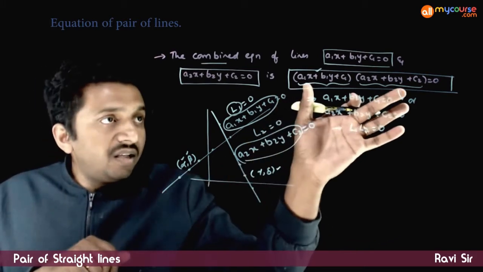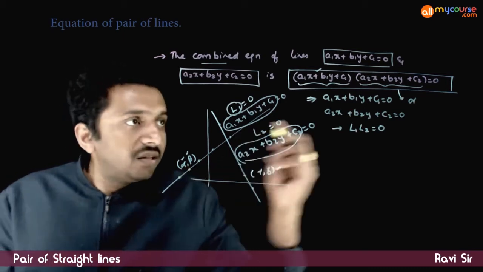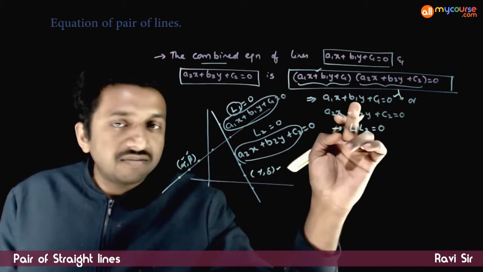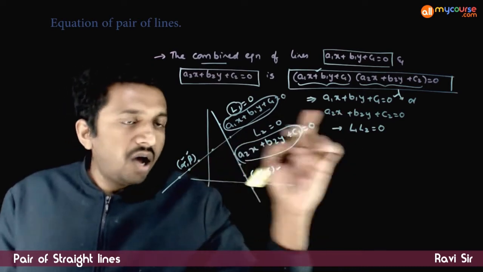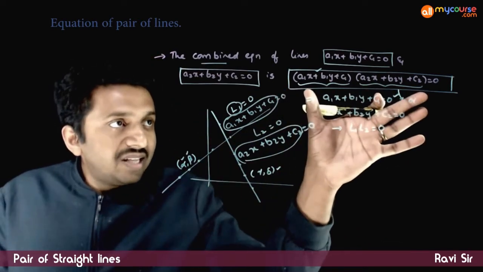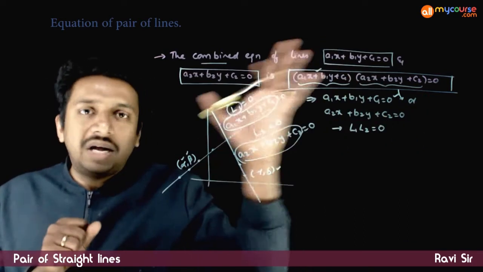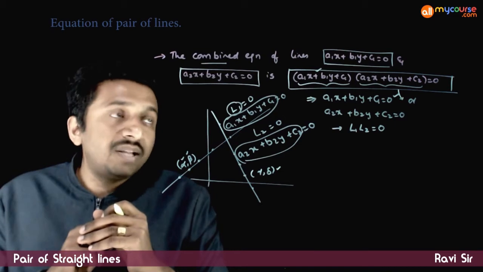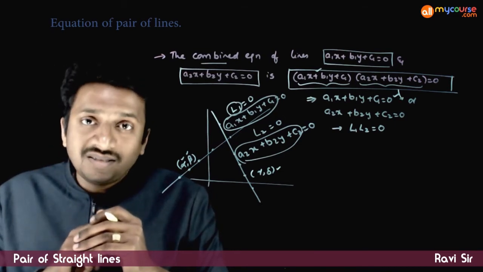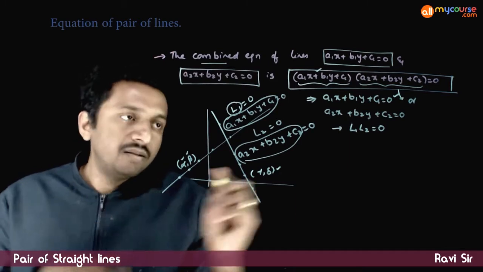That means if this combined equation has to be equal to 0, the point has to satisfy either the first line or the second line. So this effectively is the combined equation of the two straight lines a1x plus b1y plus c1 is equal to 0 and a2x plus b2y plus c2 is equal to 0.